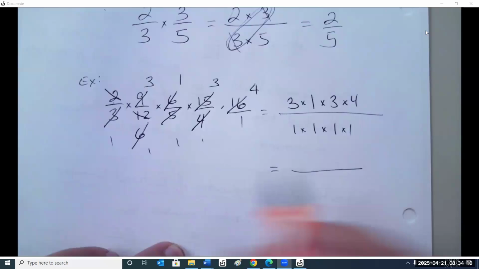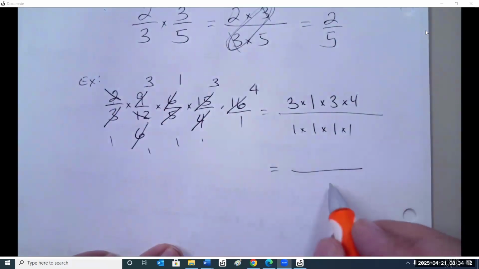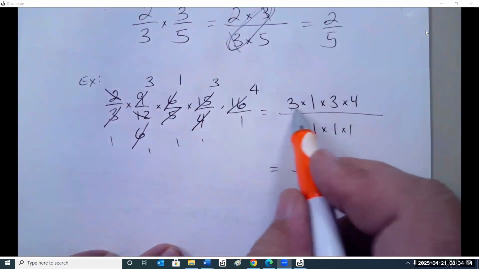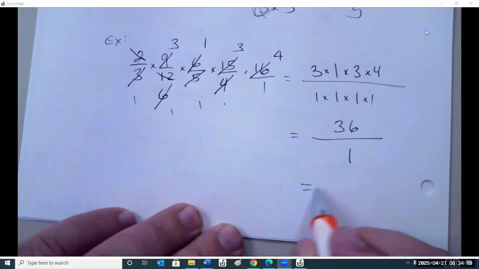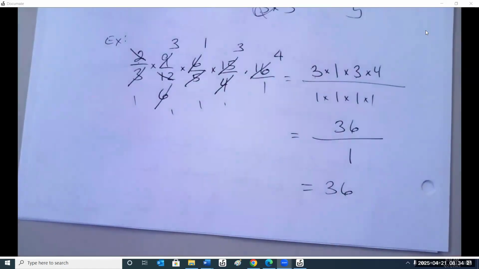So now, since you canceled everything, on the bottom it's 1. 3 times 3 is 9, times 4 is 36. Much easier to do it that way than multiplying first and then cancel.